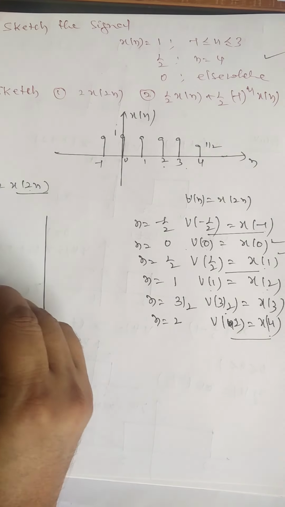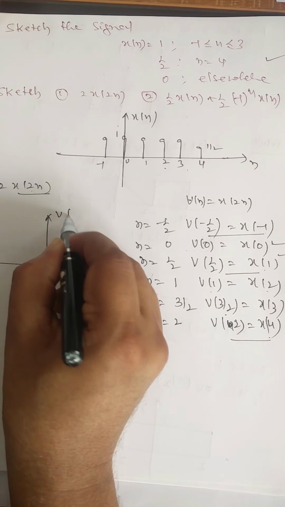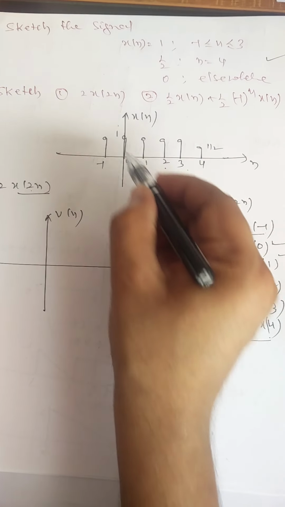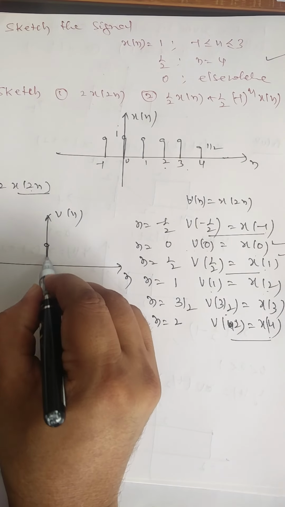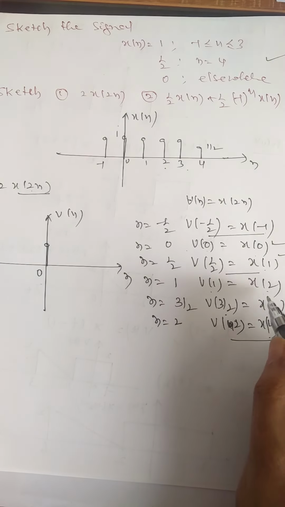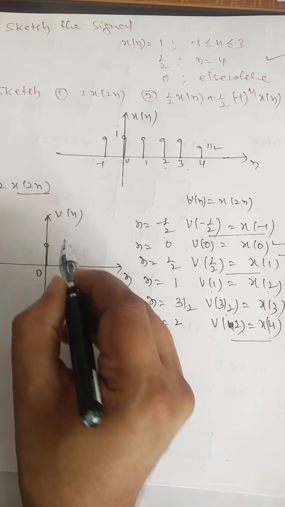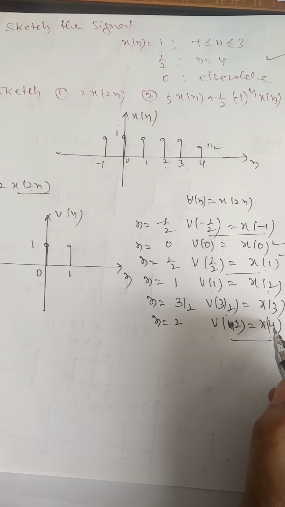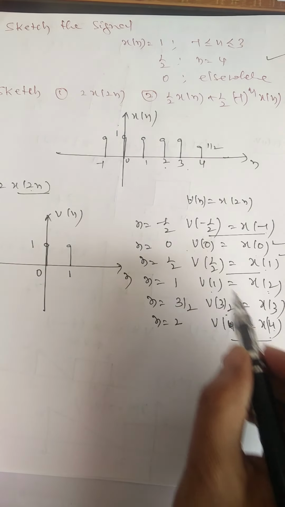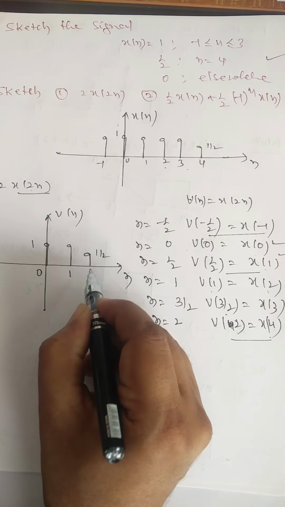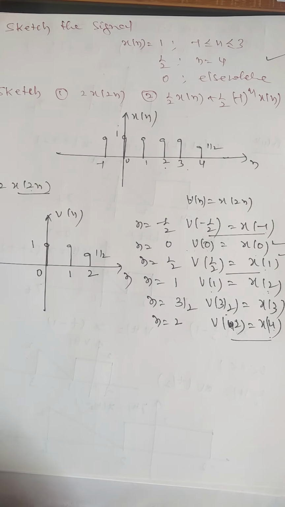This is v of n. X of 0 has value 1, and it comes at v of 0. X of 2 comes at 1, and its value is 1. Next, x of 4 has value 1 by 2, and it comes at 2. This is the scaled version of the discrete time signal.